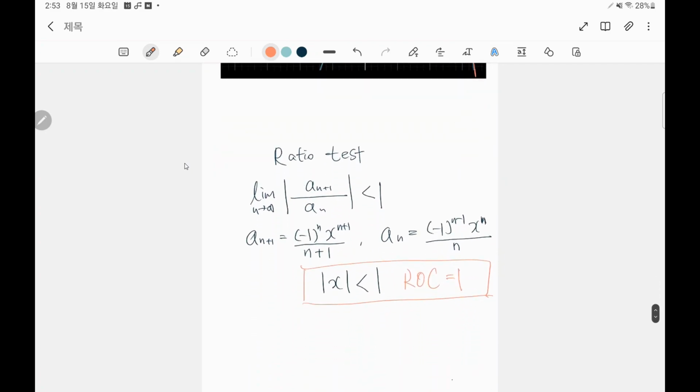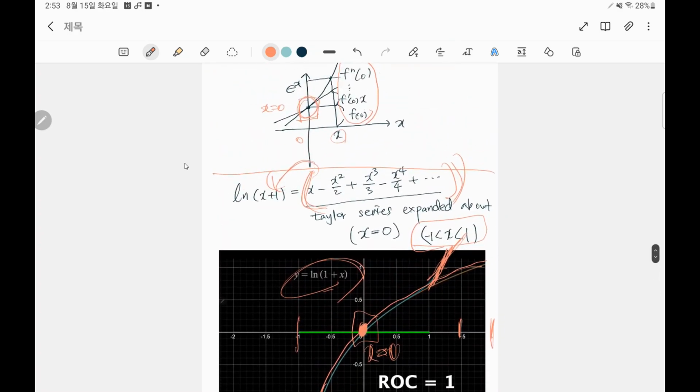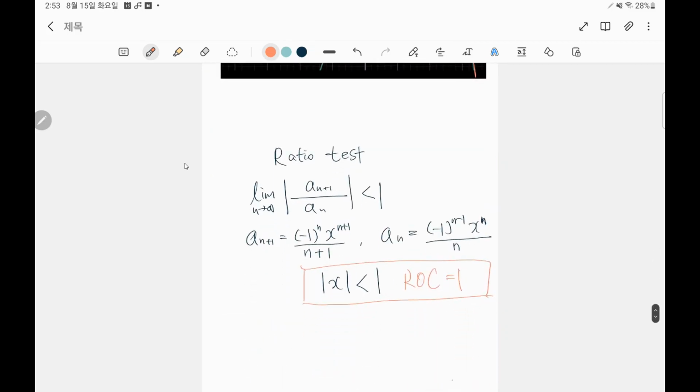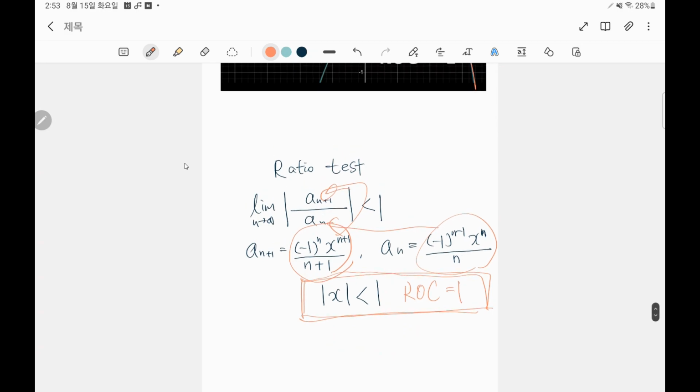If you do the ratio test, on the n plus 1th term of the Taylor series of ln of x plus 1, you get the n plus 1 term here. And the nth term, you get this here. If you plug it in here, you actually get the ratio test condition that the absolute value of x has to be less than 1 for the series to converge to its original function and not diverge.